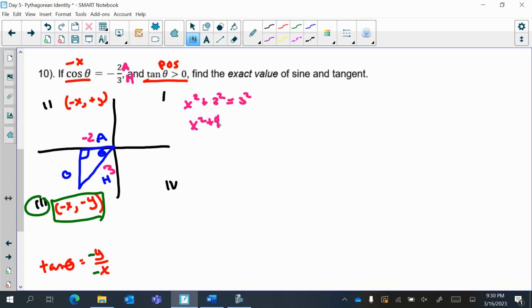So x squared plus 4 equals 9. X squared, if you subtract 4, you get 5. And you get x is equal to plus or minus the square root of 5. That's this guy right here. Now, because you're downwards, you're going to go with negative radical 5.